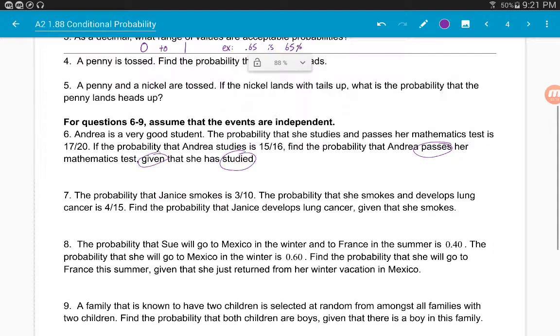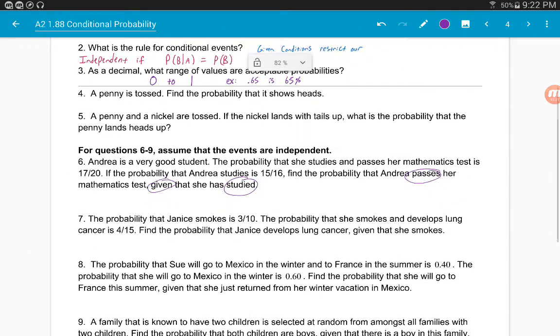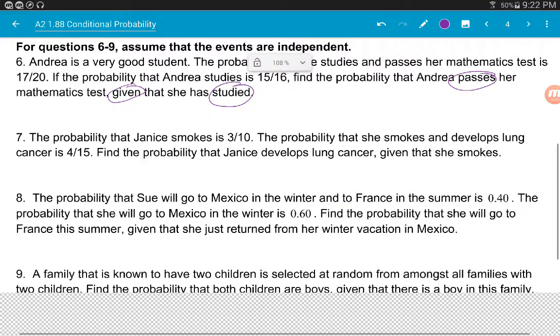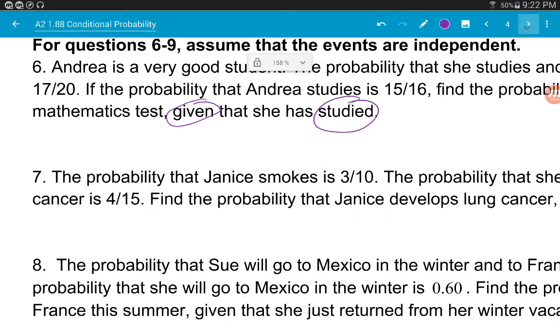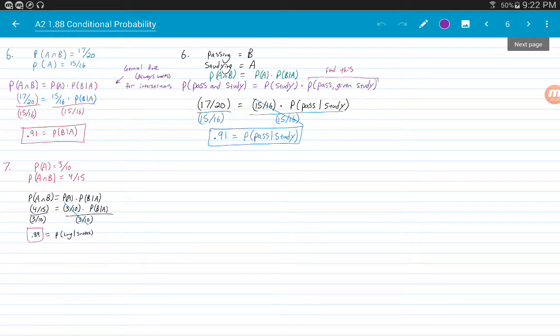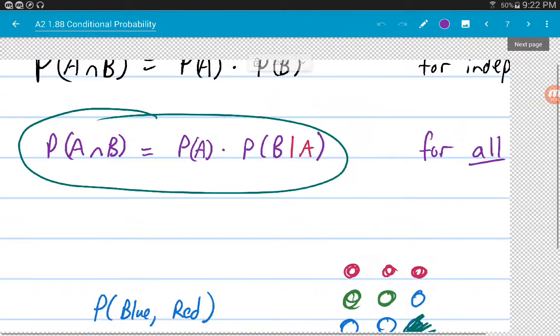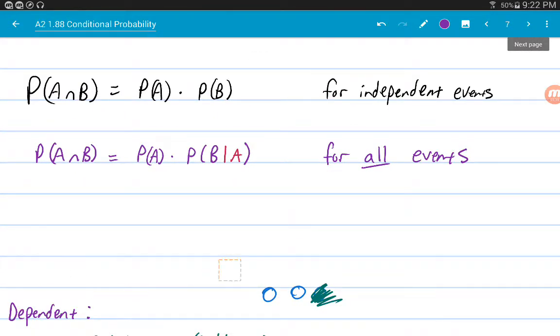Now we're going to use this rule here. The rule is actually about dependent events. So let me pull that up from here. The rule is about dependent events, and it's essentially a modification of the rule that we already had. Now here's the rule that we had. We had this one already, that the probability of A and B is equal to the probability of A times the probability of B. The and here means multiplication.